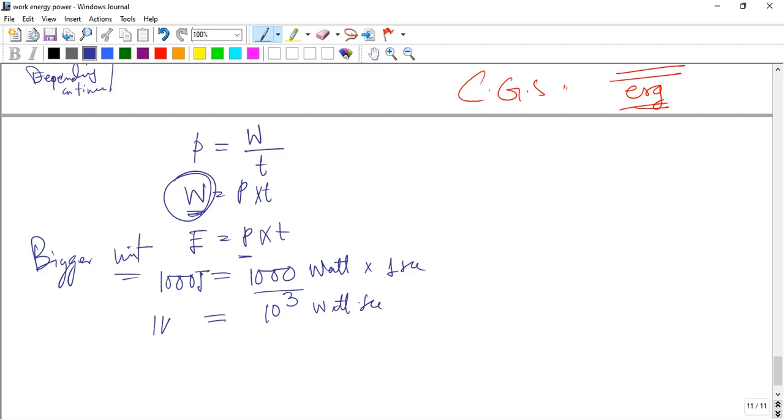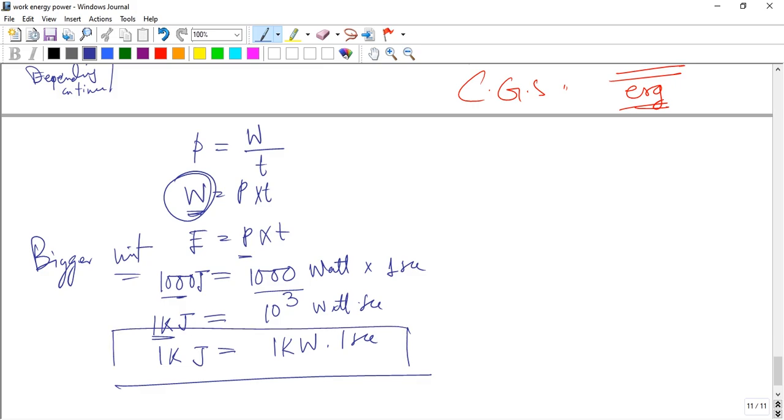So here we discuss 1 kilojoule, that is equal to 1 kilowatt in 1 second, 10 to the 3, both are multiplied by 10 to the 3. So 1 kilojoule we get from 1 kilowatt in 1 second, both multiplied by kilo.